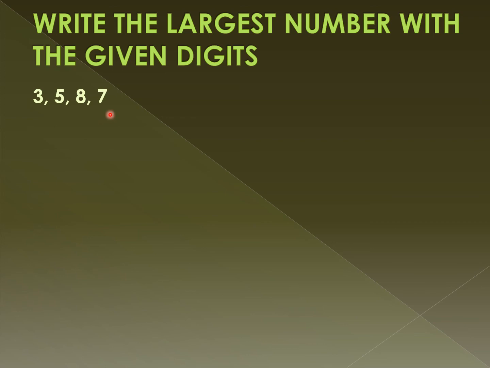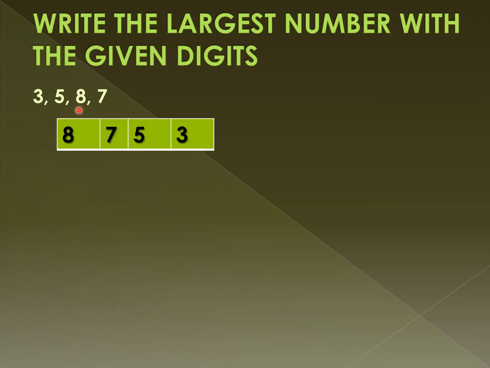To get the largest number from these digits, we arrange these numbers in descending order from the greatest to the smallest. 8, 7, 5, 3. Hence, the greatest number formed is 8,753.